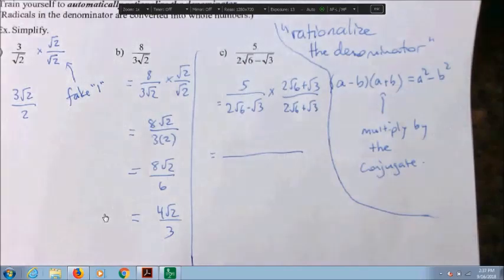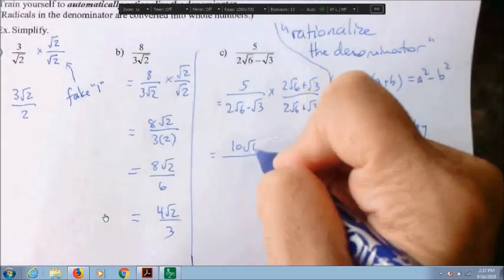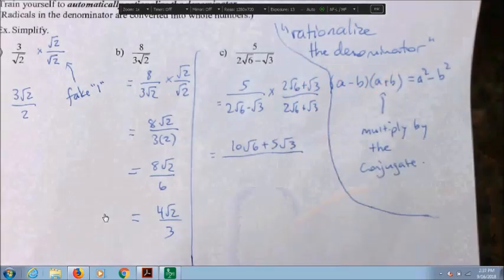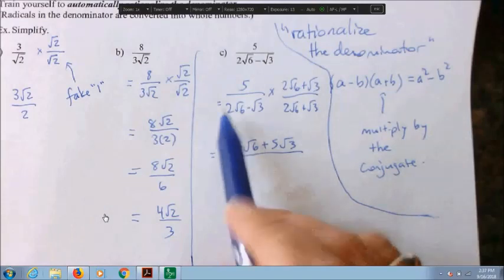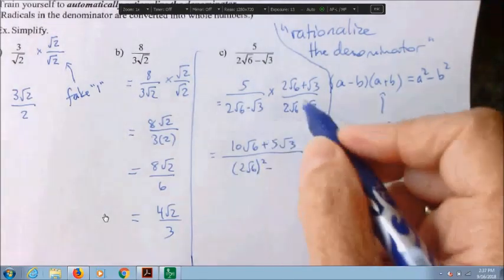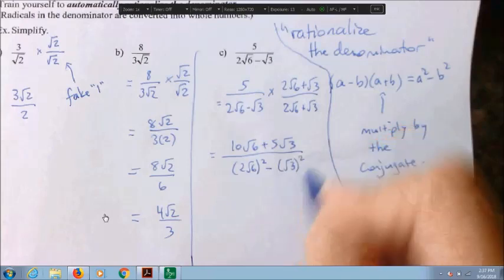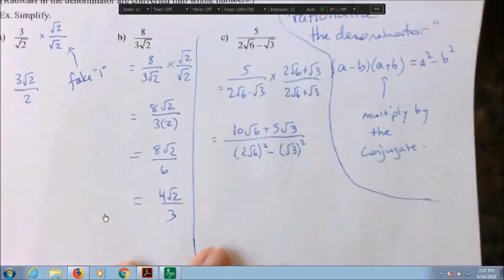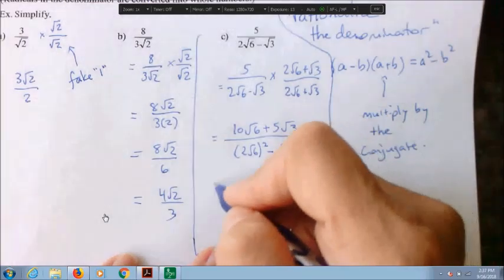Now, if we work on the numerator, it is going to be 10 root 6 plus 5 root 3. Just multiply straight across. The denominator is a difference of squares. So it's going to be the first term squared, 2 root 6 squared, minus the second term squared. And when you square radicals, you're going to get whole numbers.